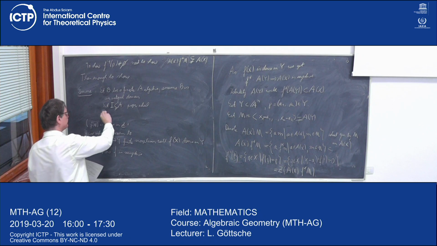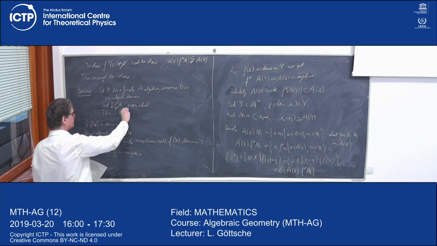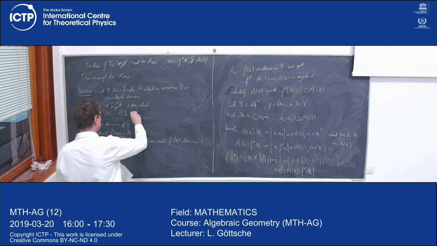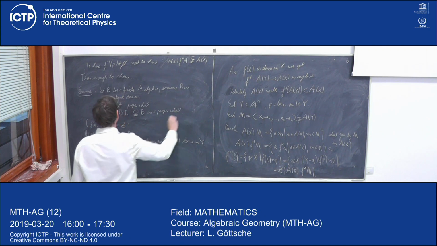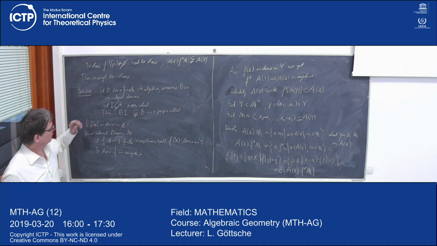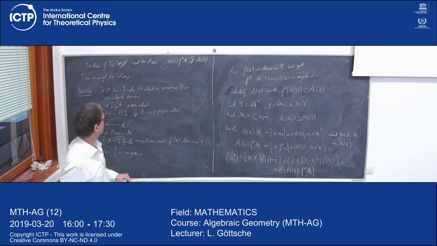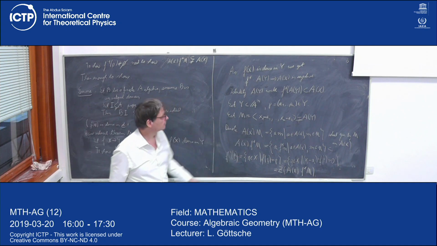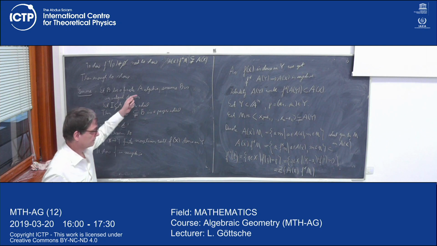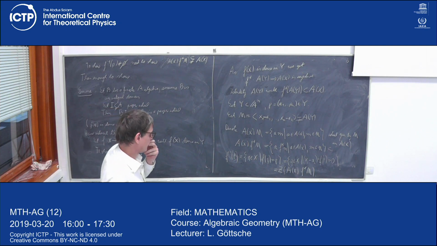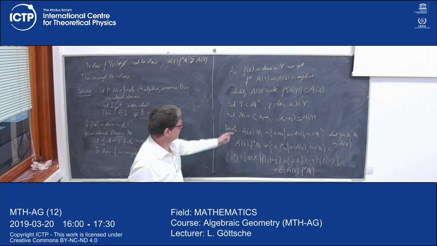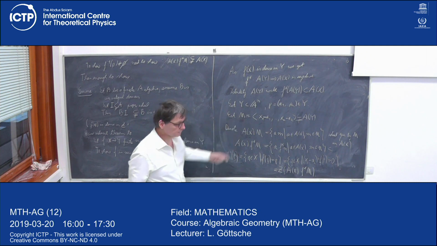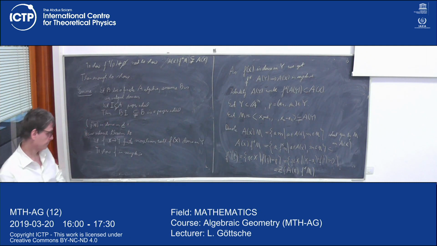Then B times I is a proper ideal. So what I said: B is, in our case, AX. A is F star of AY. And our ideal I is M. And then the statement is precisely this.